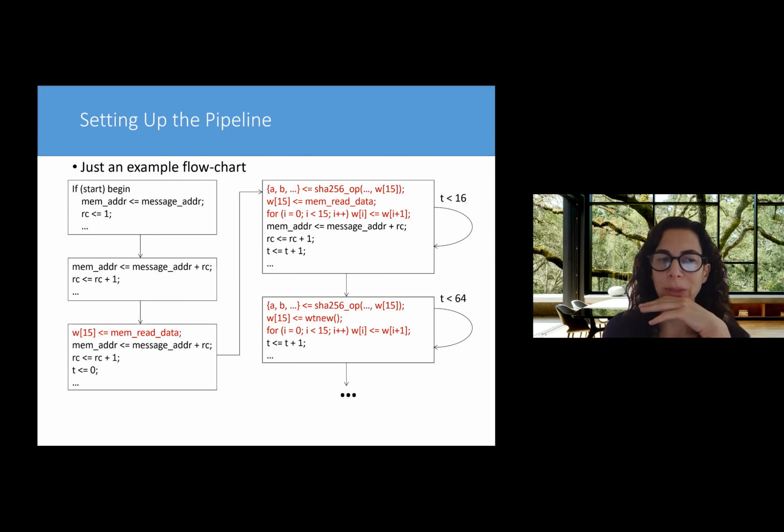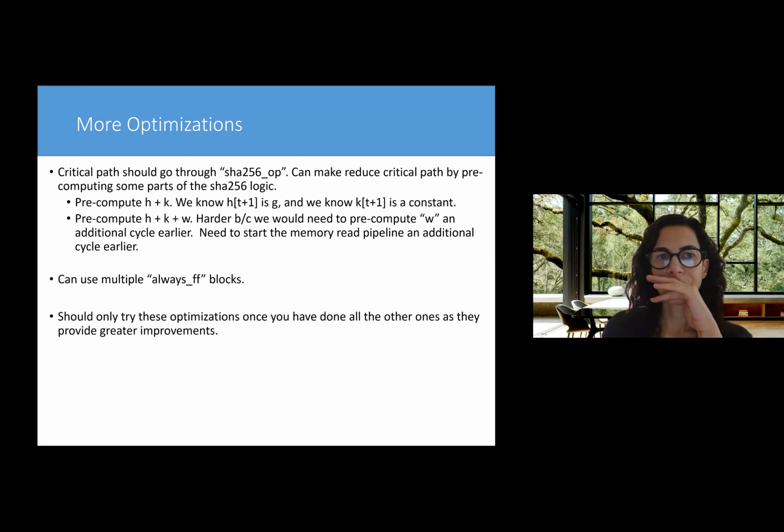So the critical path should go through the SHA-256 op, which we designed last time. The critical path computing part can be reduced by pre-computing H plus K.